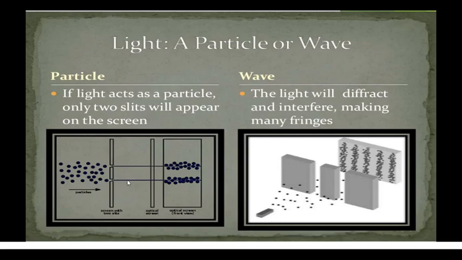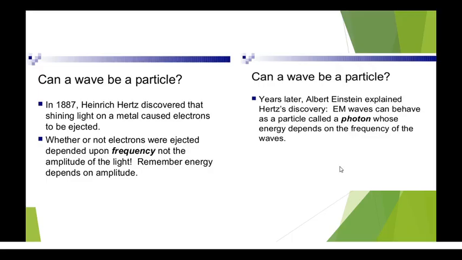Here also the particle is coming like this and entering the screen. So if we consider light as a particle, the screen should be like this. But what happens is that the light is diffracting and interfering, making many fringes. So can a wave be a particle?